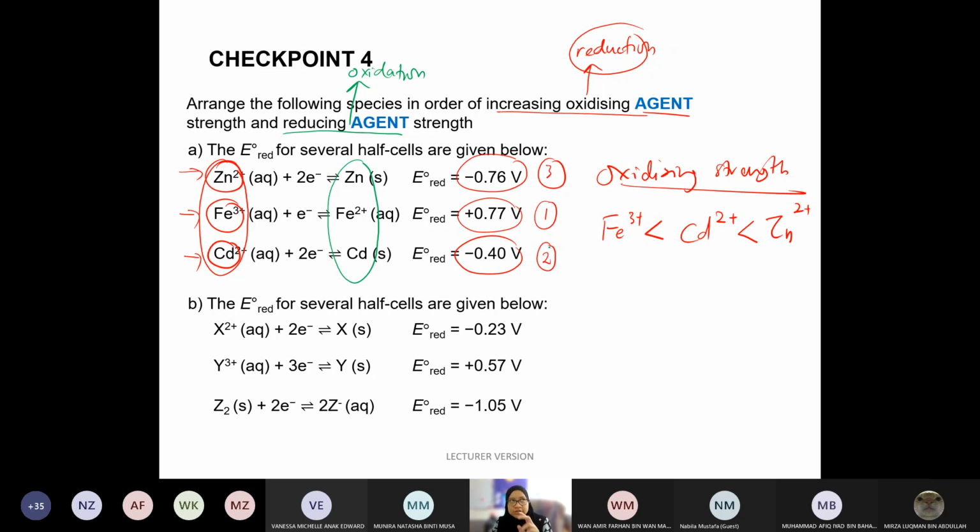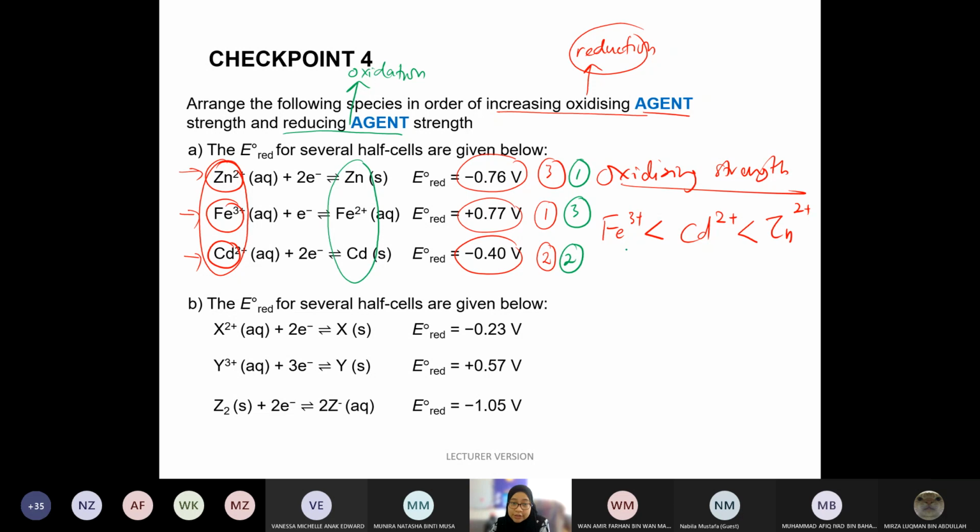So if it prefers to undergo oxidation, that means the more negative the value is, the higher the tendency to undergo oxidation. So we check which is the most negative. Zinc will be number 1, followed by number 2, number 3. It should be the opposite.